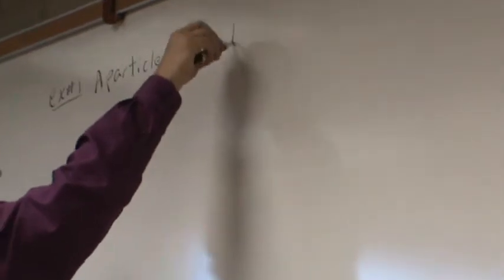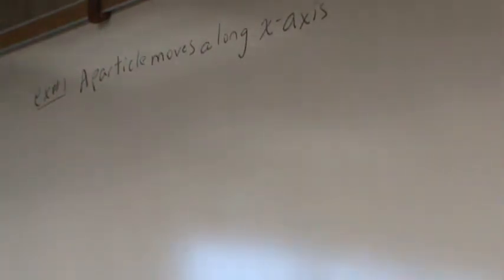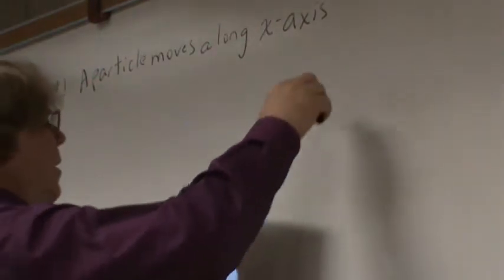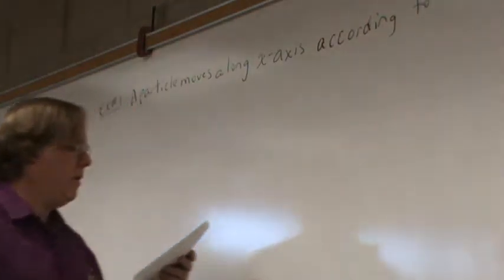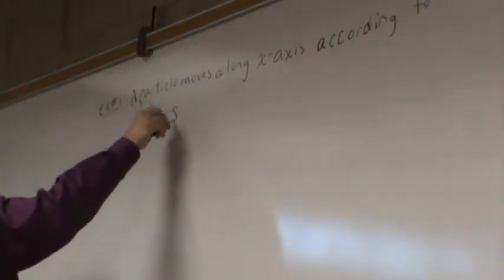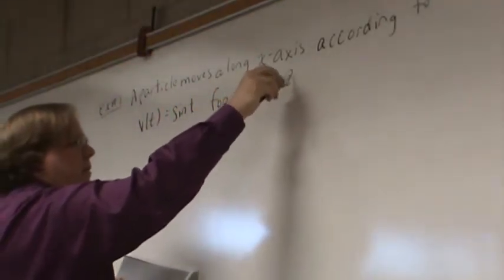Example number one. A particle moves along the x-axis according to v of t equals the sine of t for 0 less than or equal to t less than or equal to 2 pi.